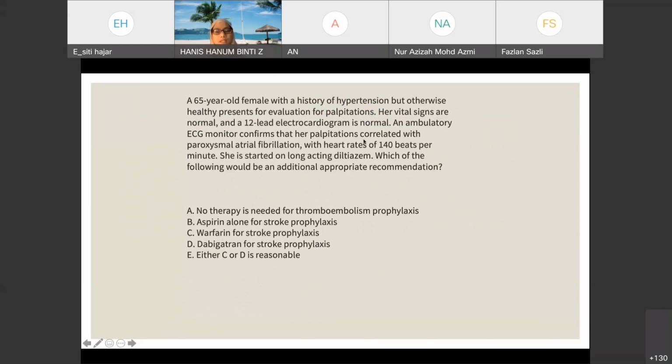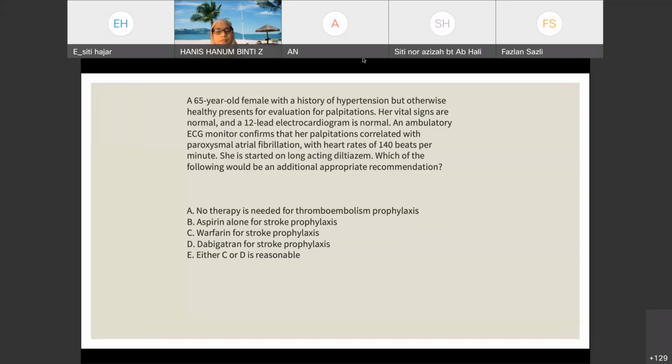Anyone, any volunteers to read this case? I will read the case, doctor. Aziza, yes. A 65 years old female with a history of hypertension but otherwise healthy presents for evaluation of palpitations.